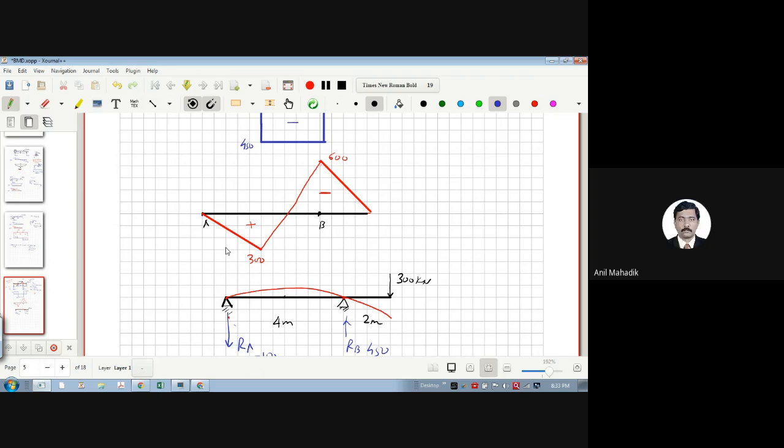Okay, quickly we will do one thing. Let's try to understand the... Do you know what is meant by free body diagrams? Yes, sir.